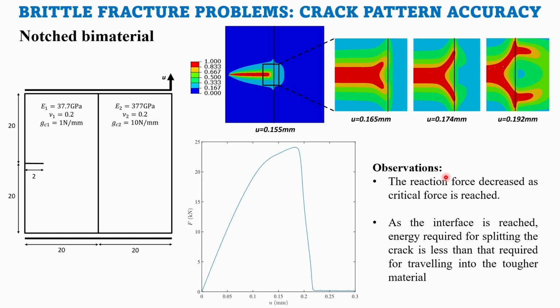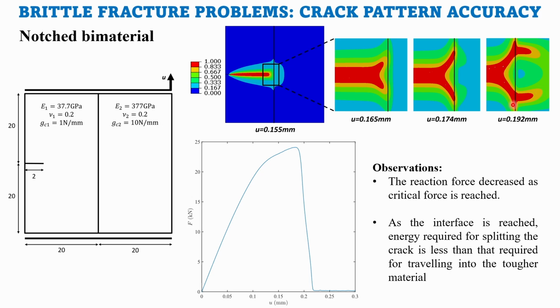So the crack sees that traveling along the interface is energetically favorable. That is why it chooses that path. It branches itself and goes along the interface. And when it sees that it is favorable to enter the tougher material, it again branches and enters into the tougher material. That's it. It will always travel along the path of least resistance.